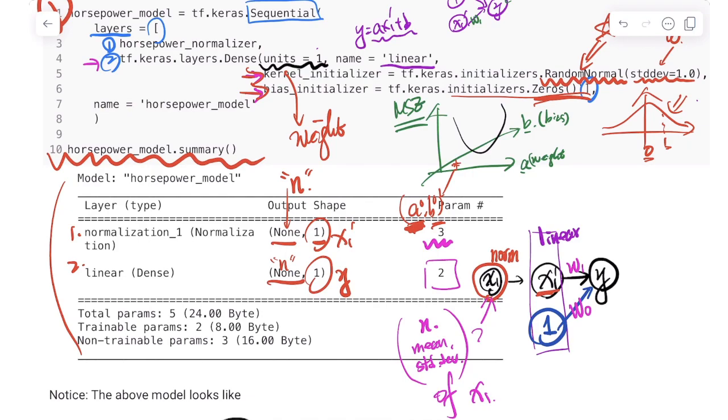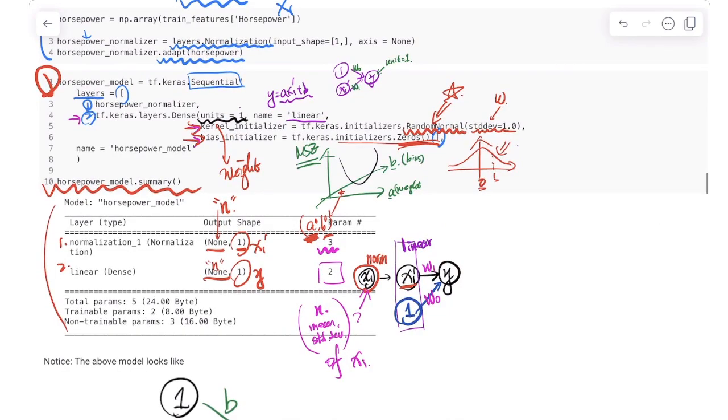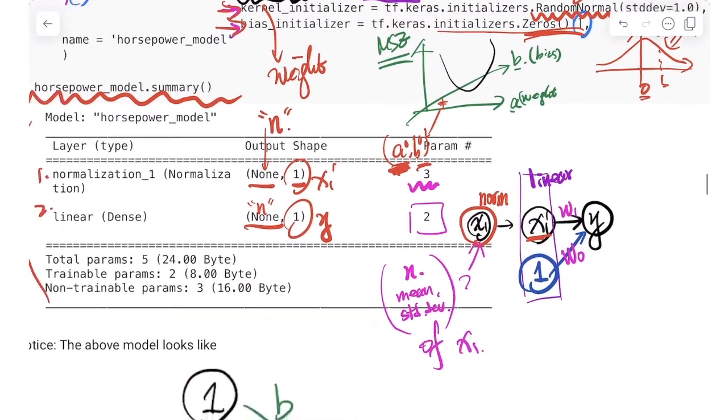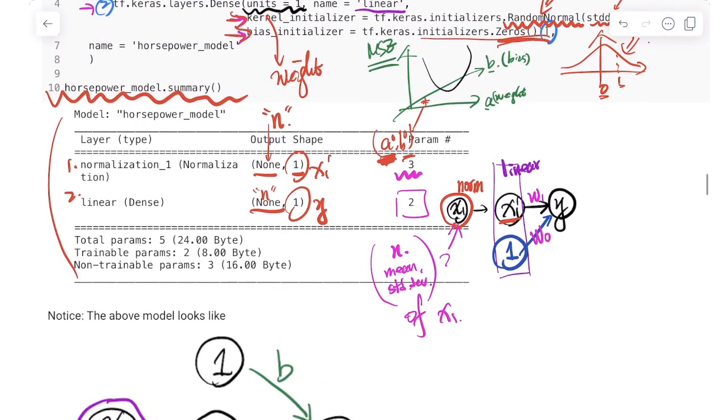But those values are calculated by adapt. They are not weights. They are not W1 and W0.